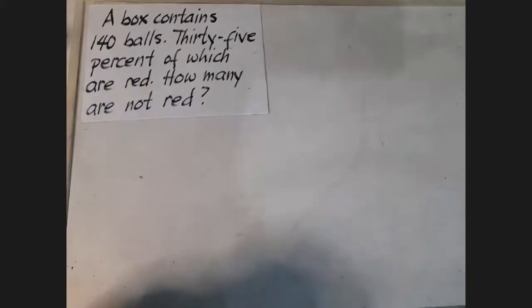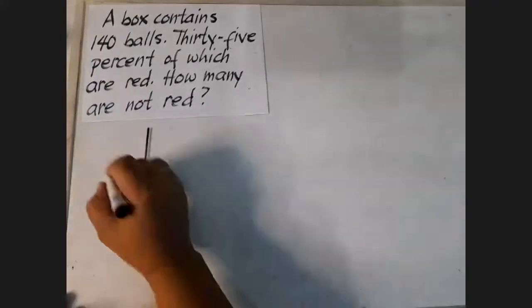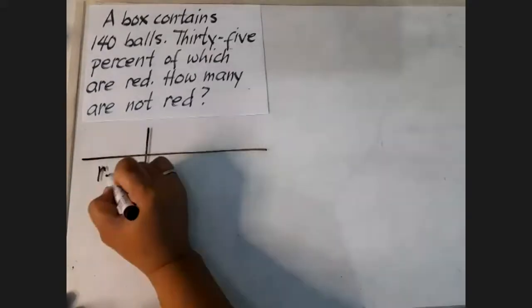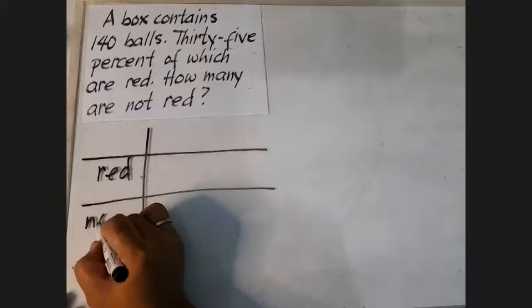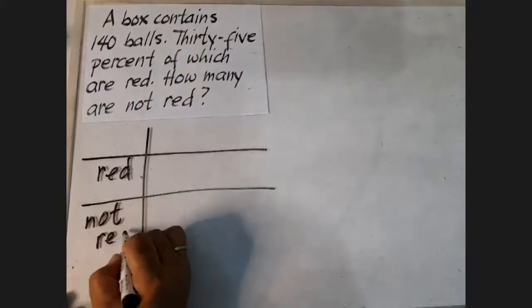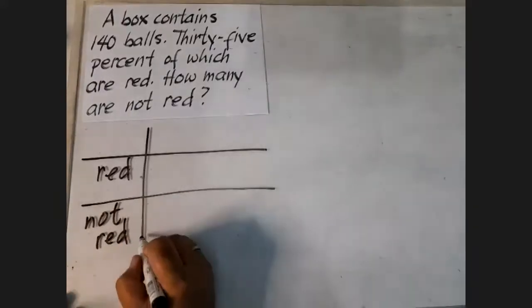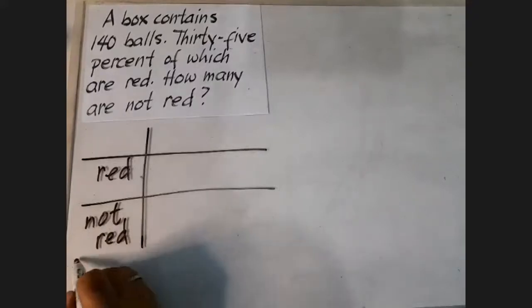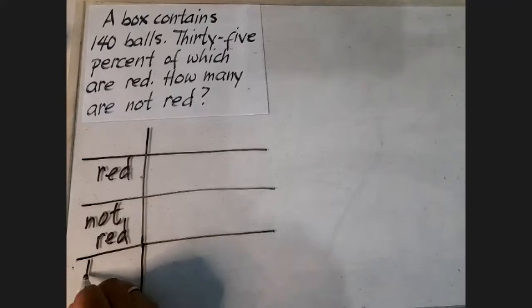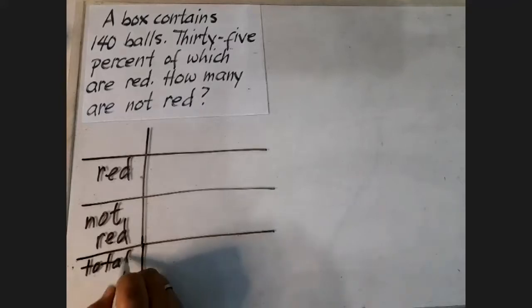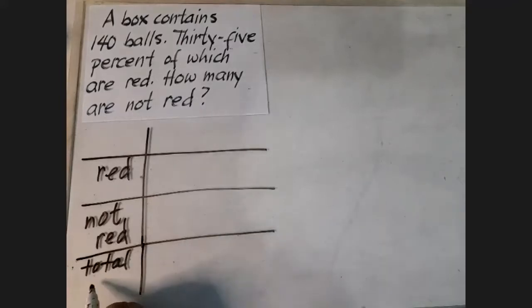First, ilista natin yung balls. We have red, and then we have the not red. Okay, yan yung dalawa. Now, sa ilalim yan is the total. Okay, total. Or, in this case, we will have it as base.